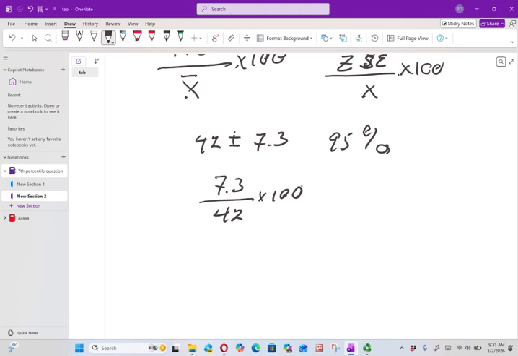You divide the 7.3 by 42, what do you get? Well, 7.3 over 42 is about 1/6, which is about 16%. So instead of saying an absolute number, I say I'm within plus or minus 17%.